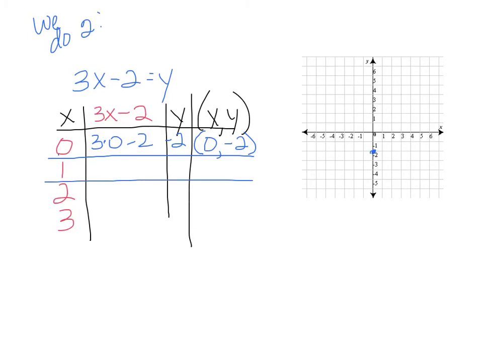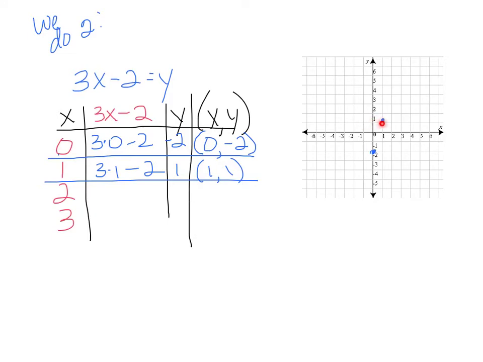Next one, this time x is 1, so I'm going to plug 1 in there. It's going to be 3 times 1 minus 2. 3 times 1 is 3, subtract 2 is 1. So whenever x is 1, y is 1. That's easy enough. 1 on the x, 1 on the y, right there. They kind of have that numbered weird, but I'm assuming what they mean is 1. They're labeling it right on that line.